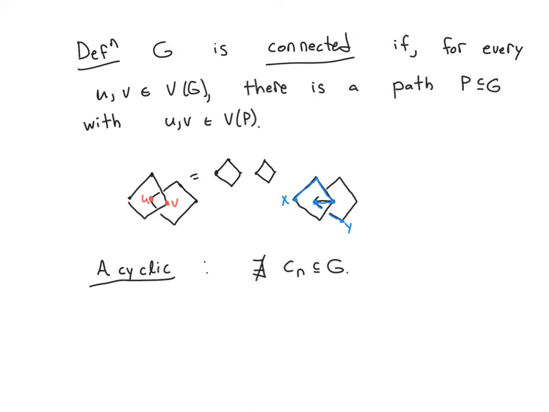Another definition in graph theory is called being acyclic. A graph is acyclic if it does not have any cyclic subgraph. There is a perspective, a linear vector space in the background I won't discuss, but from that perspective, the notion of connected is related to being a spanning subset, and the notion of acyclic is related to being linearly independent.